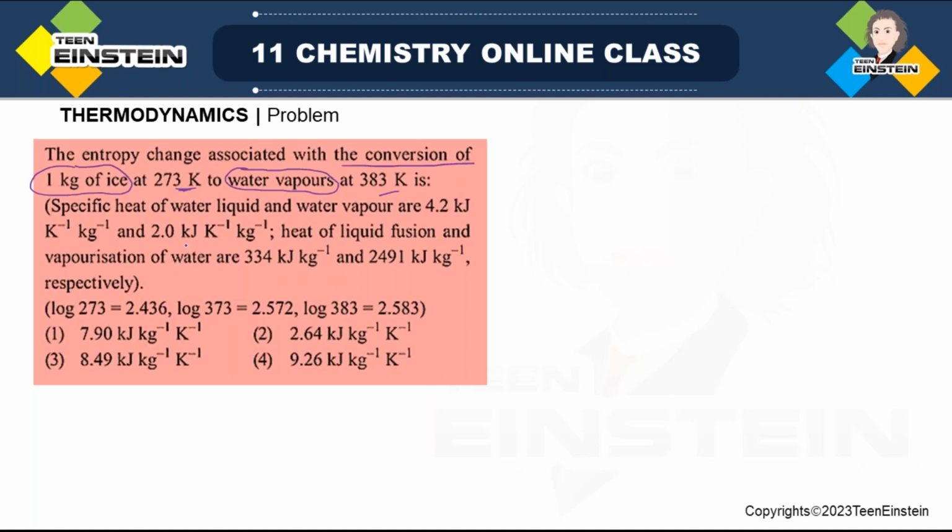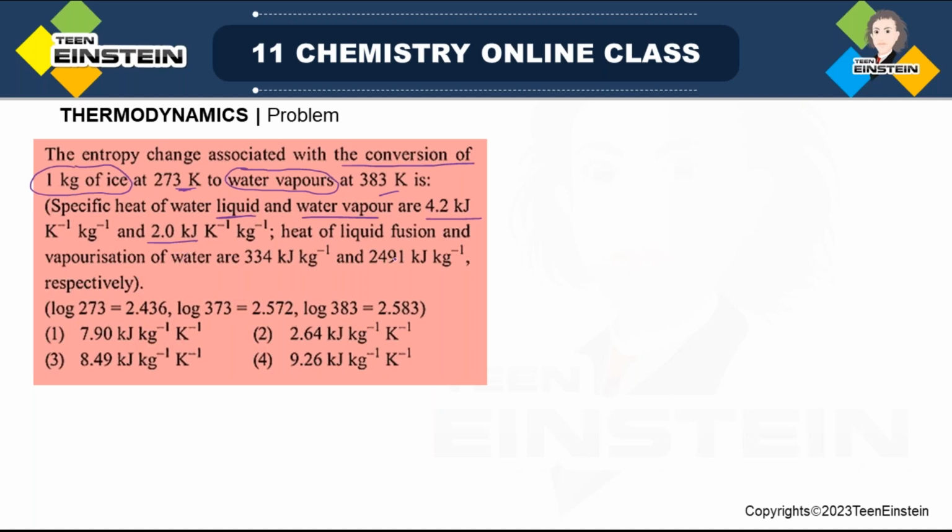Some values are given. Specific heat of water in liquid state is 4.2 kilojoule per Kelvin per kg. It is specific heat, so it is per unit mass, per kg. And specific heat of water vapor is 2 kilojoule per Kelvin per kg. So these are the specific heat values for water in 2 different conditions, liquid water and water vapor.